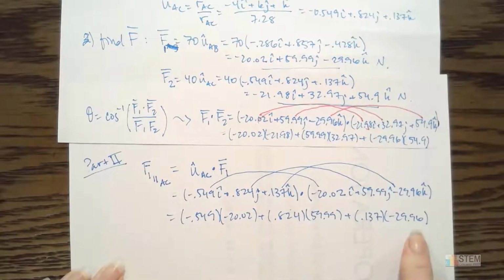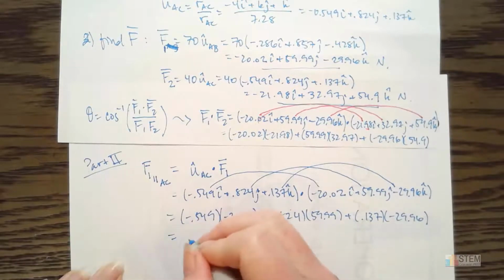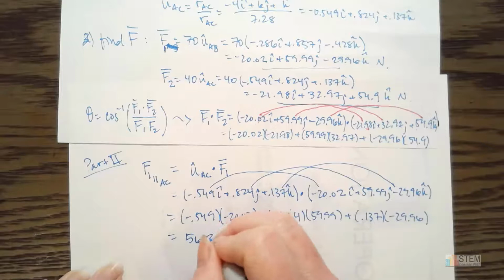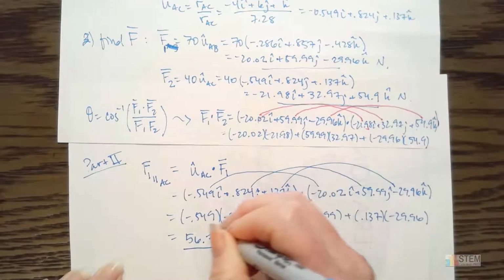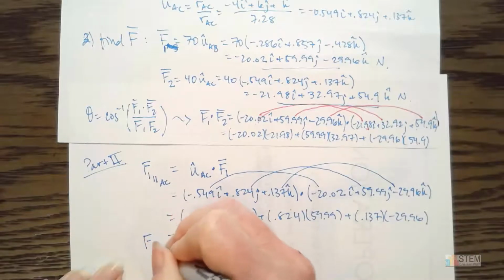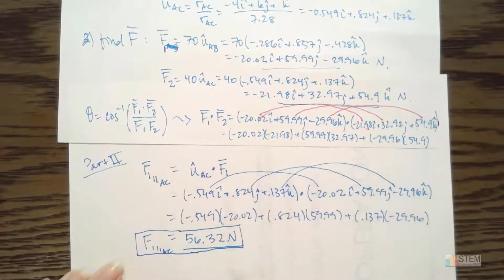And then we add these up. All right, so that value is going to give you 56.32 newtons. And this would be the answer for that projection question. Okay, so 56.32 newtons is the projected component of F1 along cable AC.